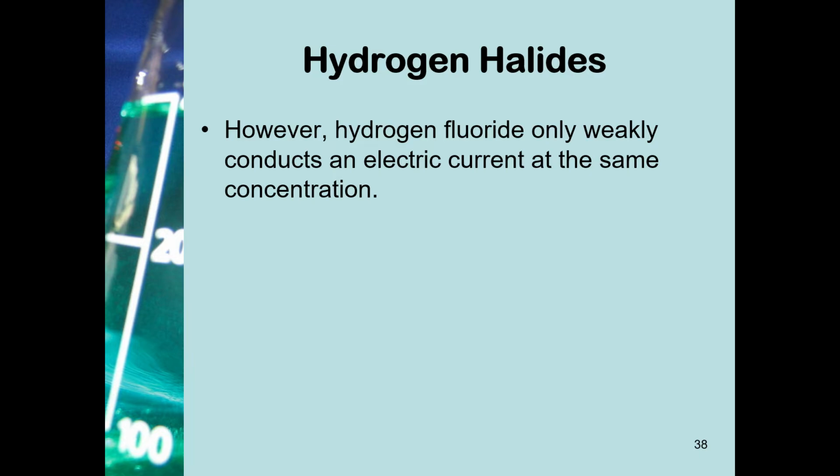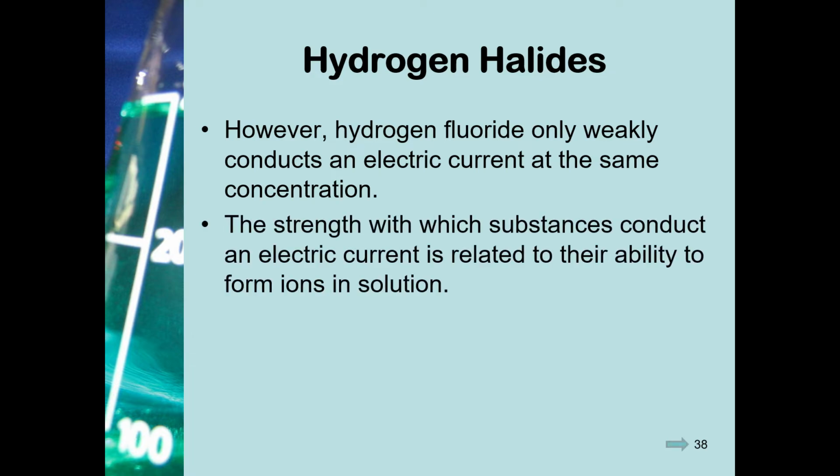It only weakly conducts current at the same concentration. And remember that fluorine has a very high electronegativity, a very strong attraction for additional electrons. The strength to which substances conduct an electric current is related to their ability to form ions. And so this would mean hydrogen fluoride doesn't form ions well.